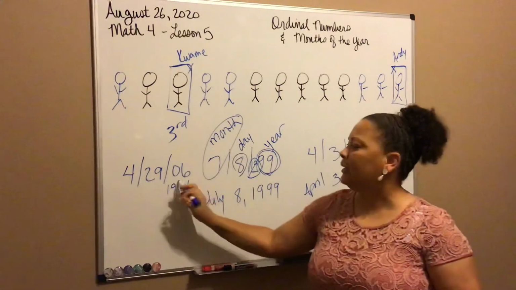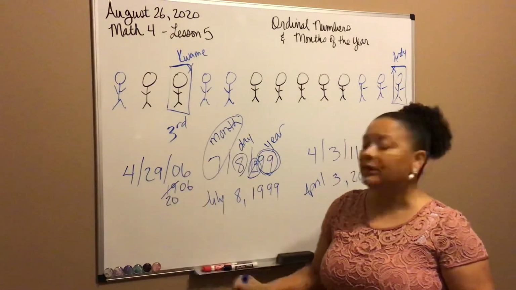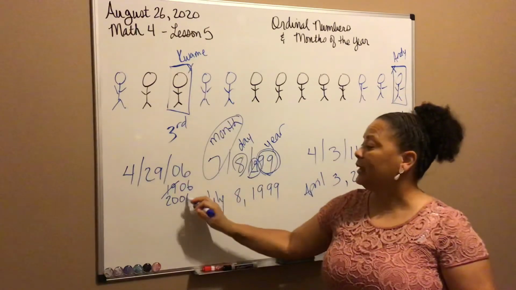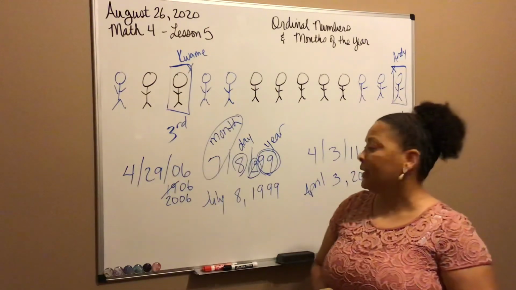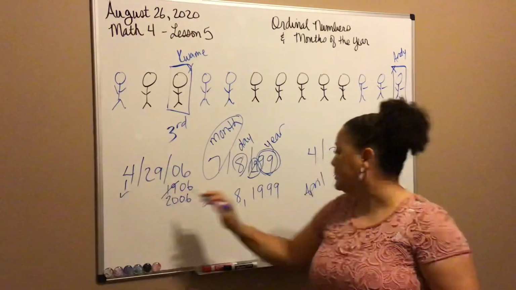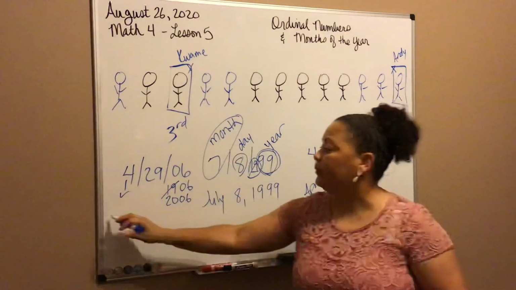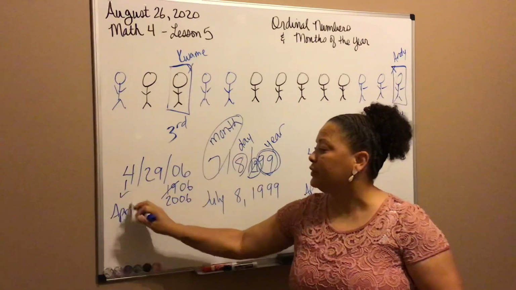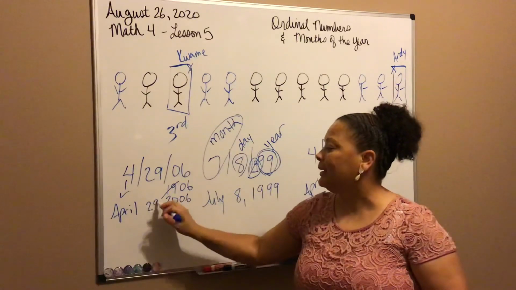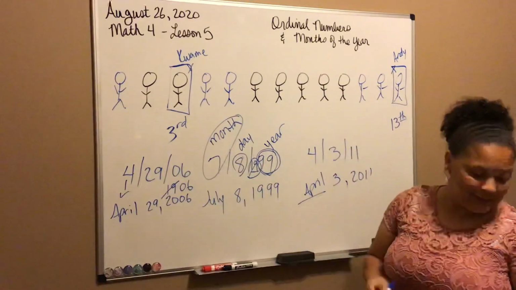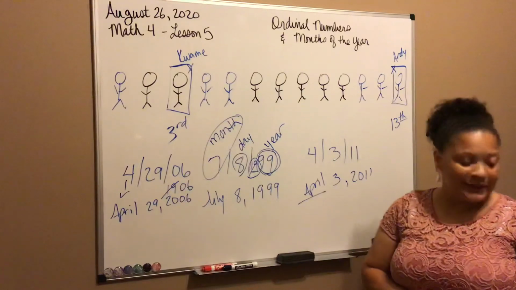So we know that it's the next century, okay? So it would be 2006. And the 4th month we said was April, right? Look at your chart if you need to. So April 29th, 2006.